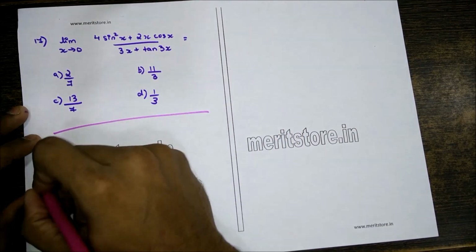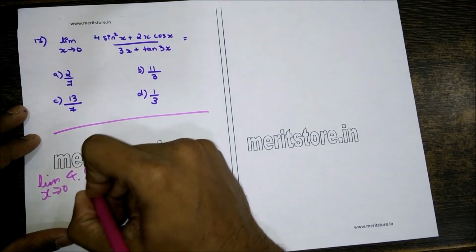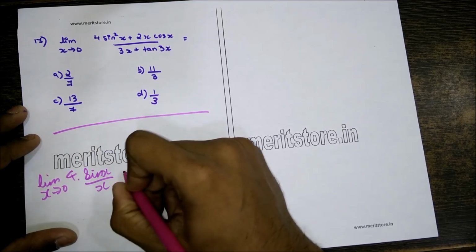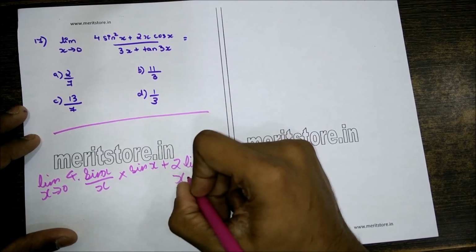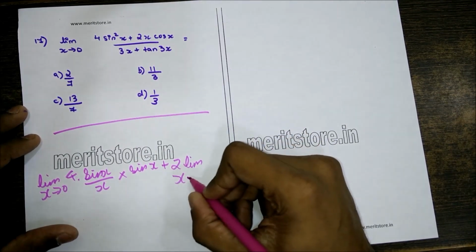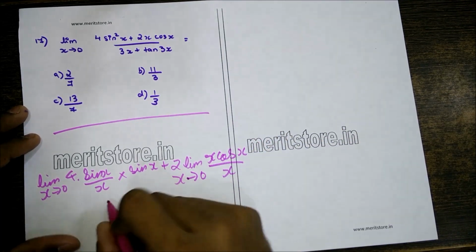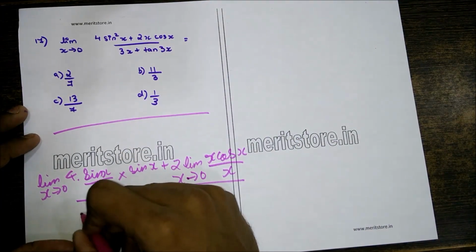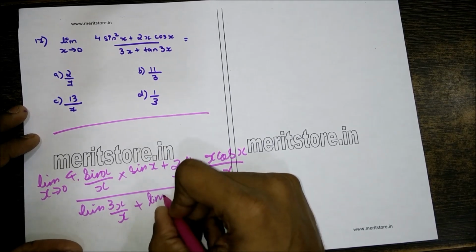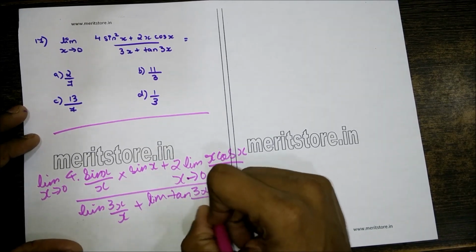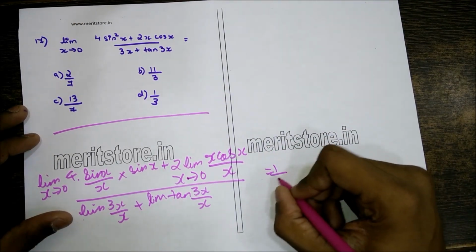So therefore we can write the numerator as limit of x tends to 0, 4 into sin x by x into sin x, plus 2 limit of x tends to 0, x cos x by x, upon, and the denominator, limit of 3x by x plus limit of tan 3x by x, which now we can apply the limit of x tends to 0, giving us 1 by 3.